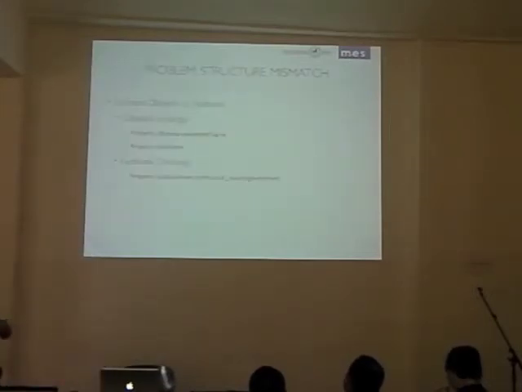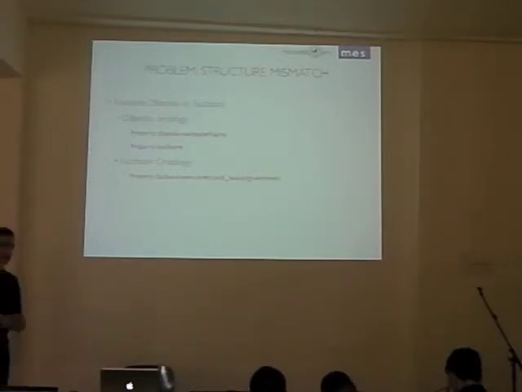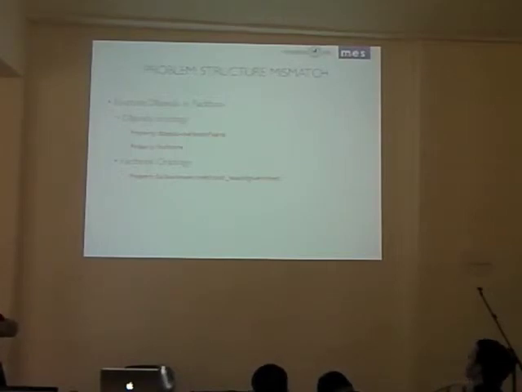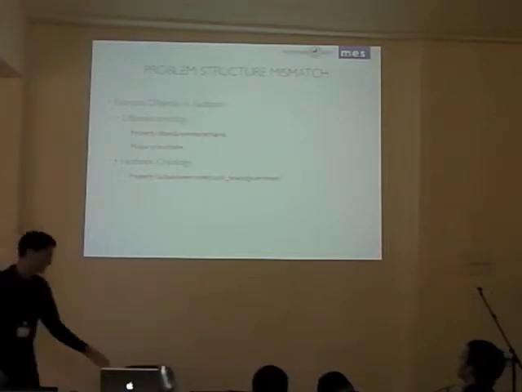So the next problem is structure mismatch. Data which, for example, is directly connected in one ontology to the entity. For example, here in the textbook, you have executive branch head of government, which is like the leader of the country or whatever, which is represented in Wikipedia in a kind of more complex way.